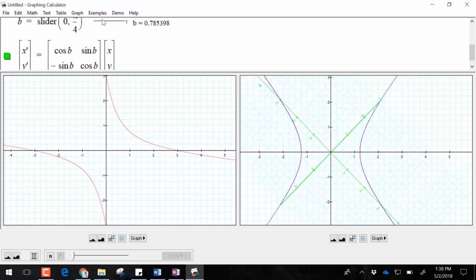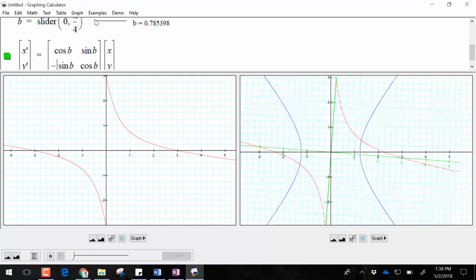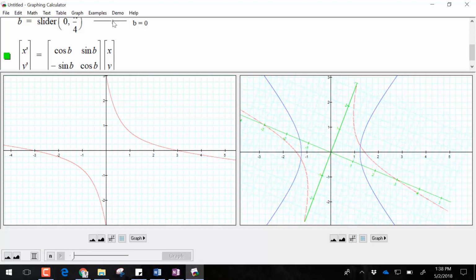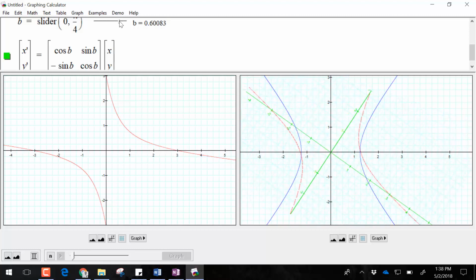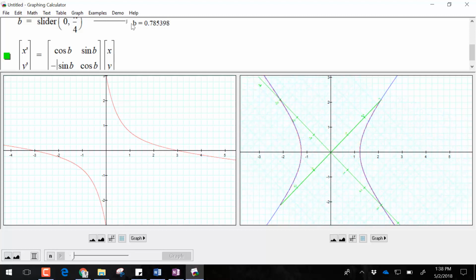Okay, it looks like that'll work. So the idea is that this P happens to be a rotation matrix, which, if we let our angles get closer and closer to 45 degrees, we're eventually going to mimic that particular form.